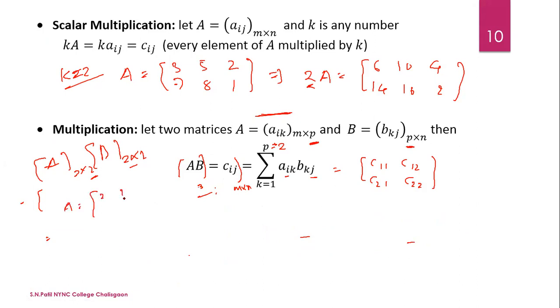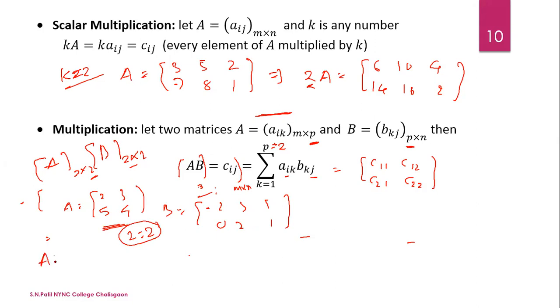Suppose A is equal to 2, 3, 5, 4. B is equal to minus 2, 3, 1, 0, 2, 1. First check whether multiplication exists or not. For that, check the number of columns of the first matrix, which is 2, and the number of rows of the second matrix, also 2. That is, matrix multiplication exists.